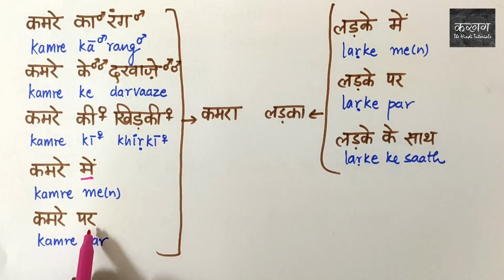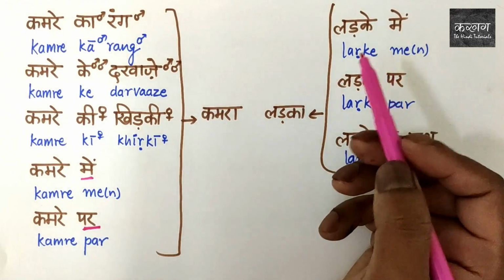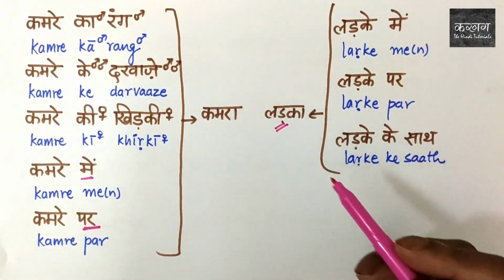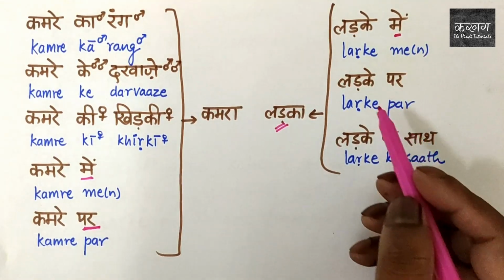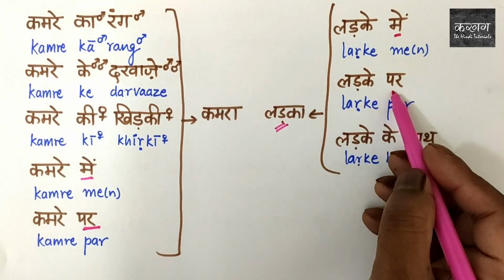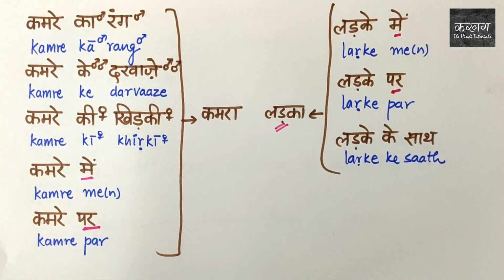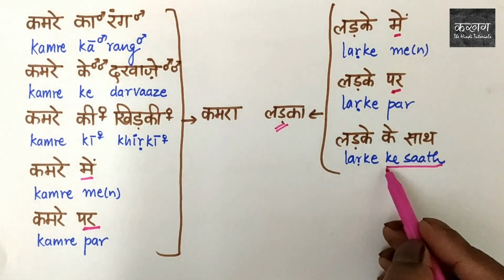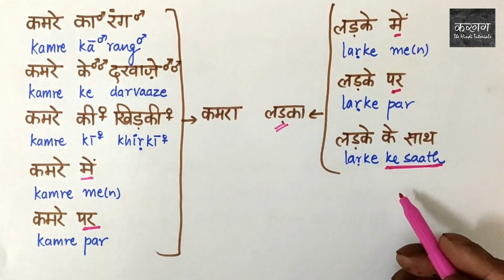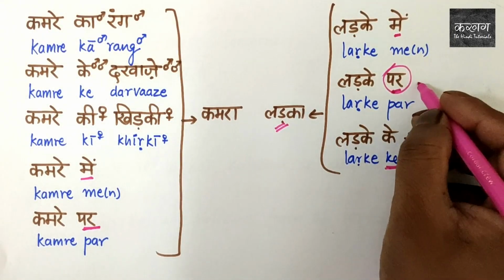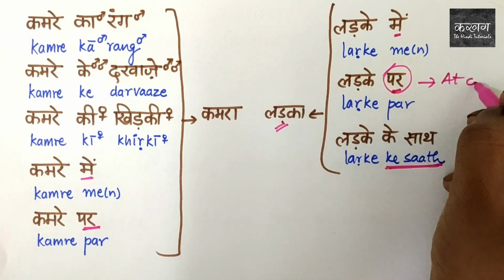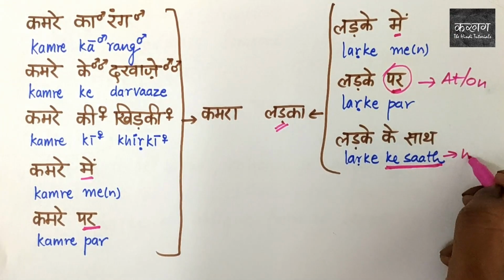Kamre par, at the room. Now using the word ladka, a boy. Ladke mein, in the boy. Ladke par, on the boy. Ladke ke saath, with the boy. Here par means at or on, and ke saath means with.